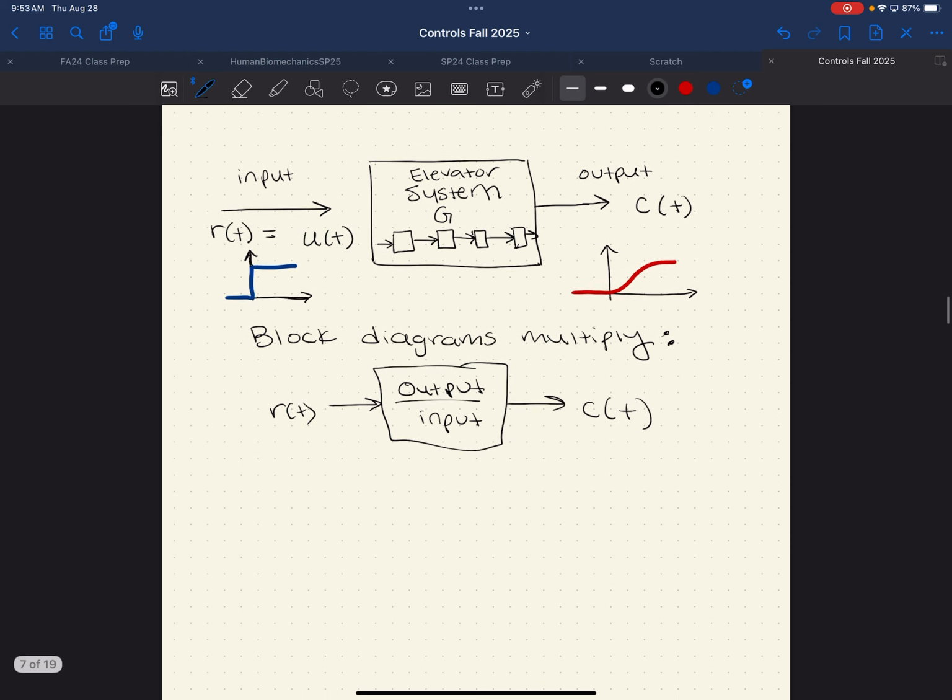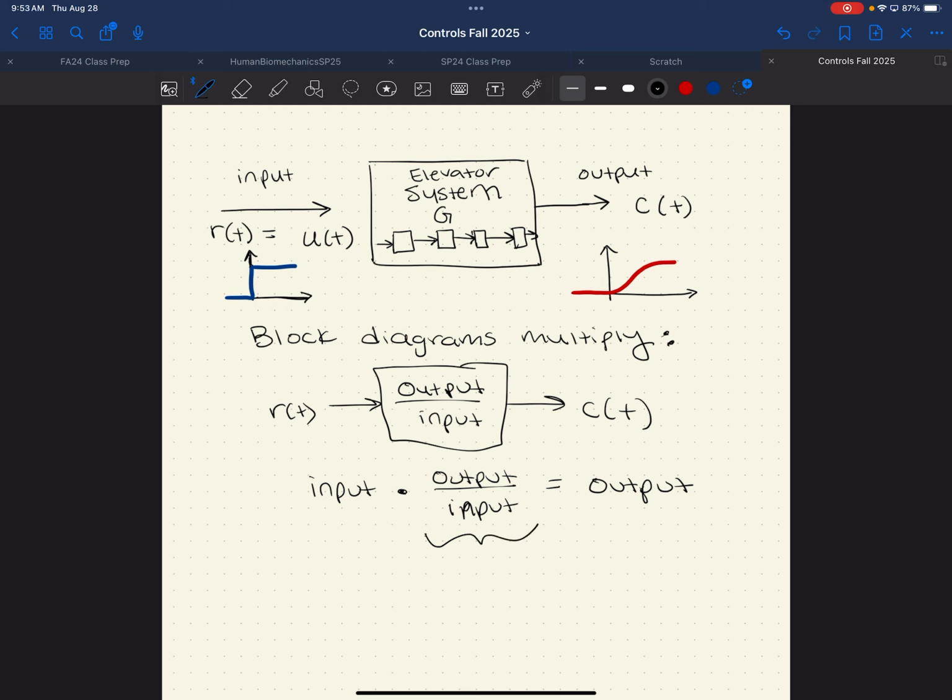Such that the way we would interpret this block diagram is that R of t, which is our input, times, I'm going to write it in words, input times output over input equals, what happens? They cancel, right? We get output.